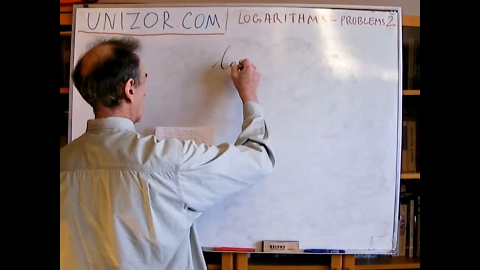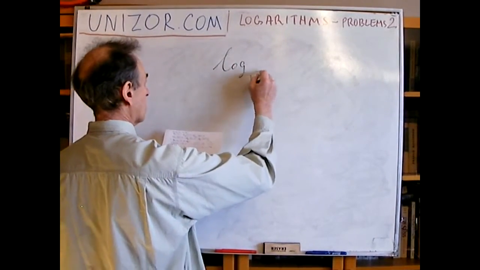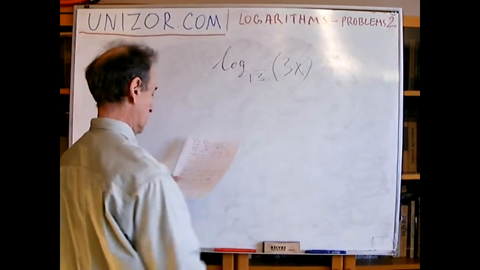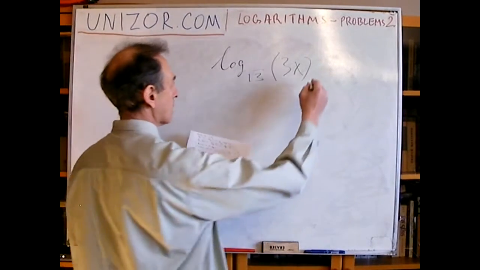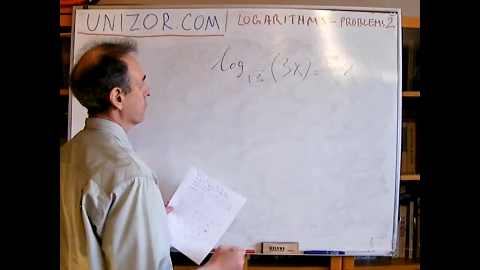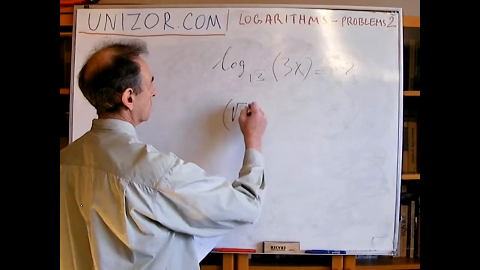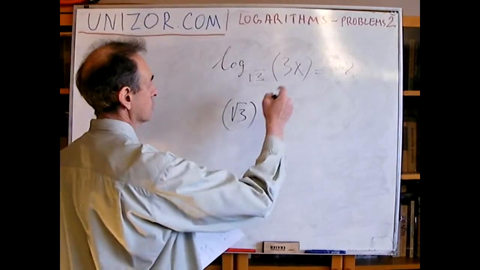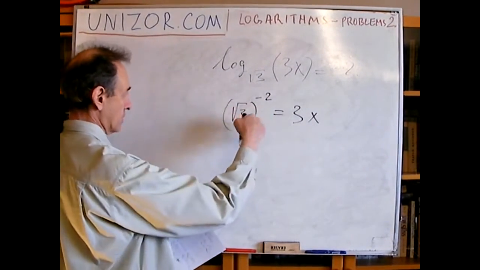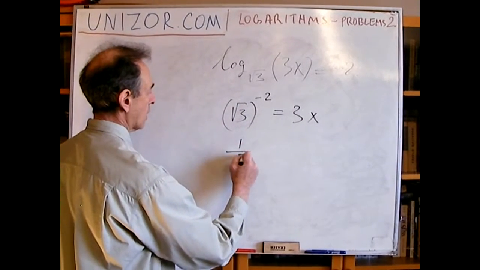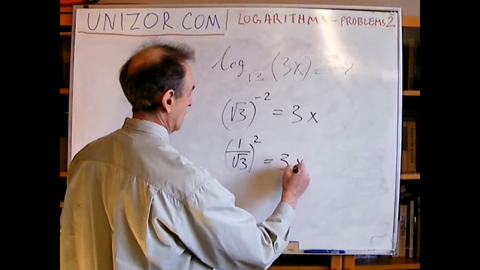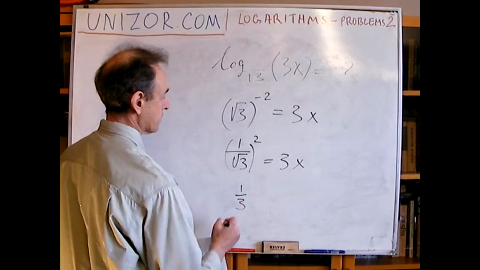Log base square root of 3 of 3x is equal to -2. All right. So square root of 3 to the power minus 2 is equal to 3x. Now, this is 1 over square root of 3 to the second degree, which is 1/3.